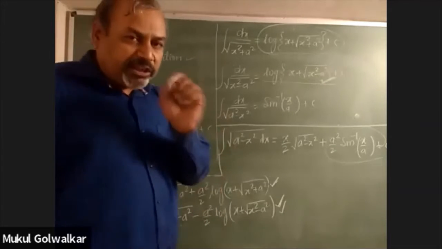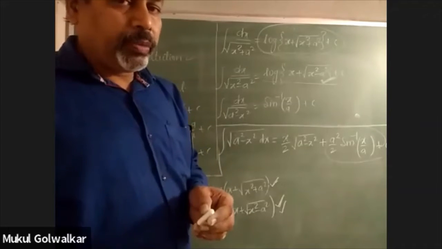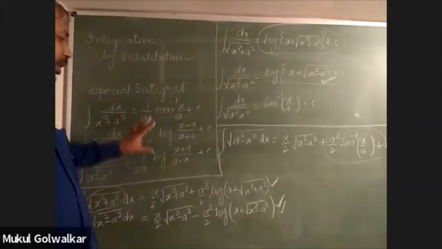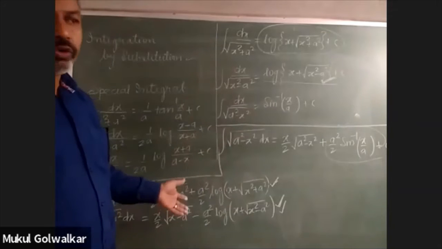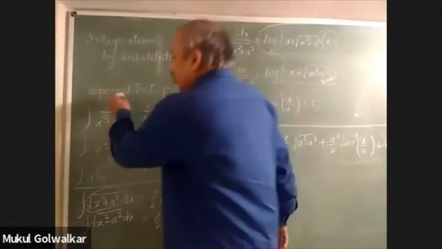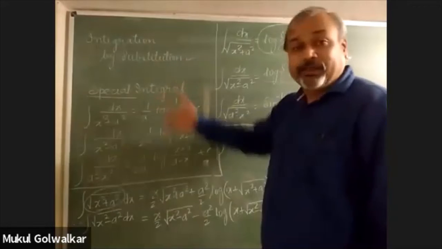Okay. So gradually, I will be paying attention to integration by substitution also. As a question of integration by substitution, I shall be giving you the derivation of any one of the formulae also. And moreover, the more important thing is those special type of questions where these formulae are applicable.